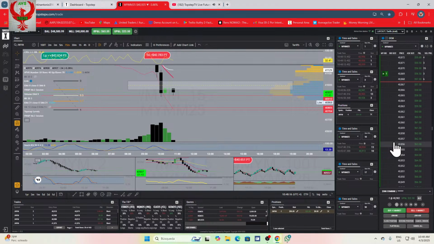New lows, ES grinding lower. This is not a panic sell by any means. Just that 100 lot, filled. We got the 50s. We got the 60s. We see the 700 handle, 18,797 prints in the 20s and 30s.